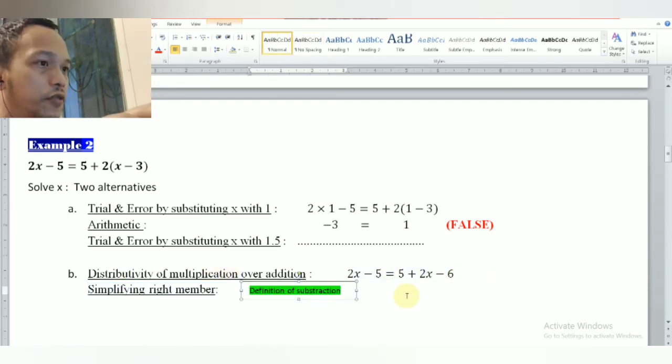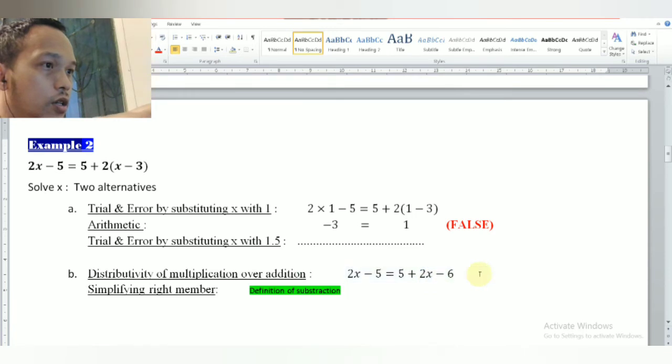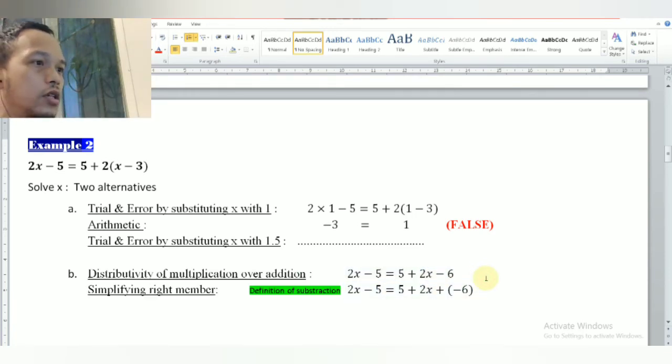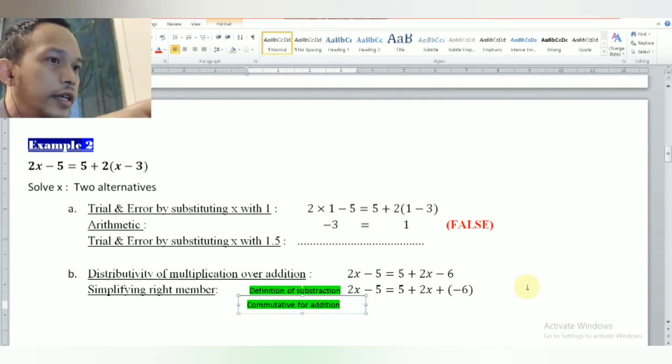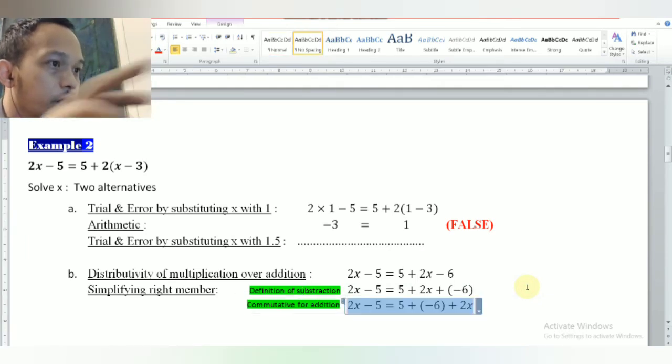I just want to show you how the commutative property works. By the definition of subtraction, I translate x minus 6 into addition, x plus negative 6. Then I use commutativity for addition.